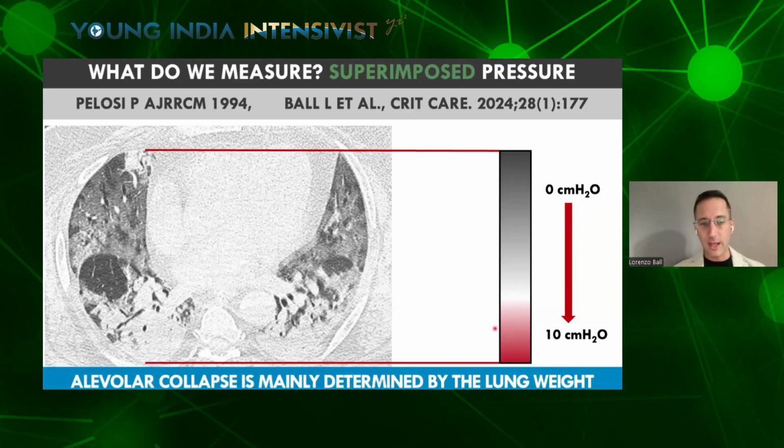So we have to think about the fact that alveolar collapse, which is something we fight against every day in our patients, is mainly determined by this lung weight acting as a pressure in the dorsal regions of the lungs. And this has been studied a lot in ARDS patients and currently also in other populations.